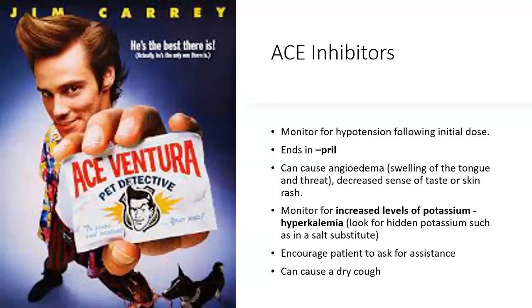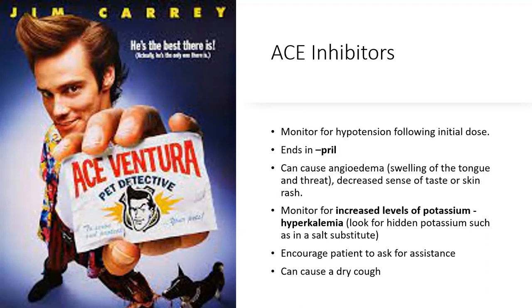So our ACE inhibitors. You want to monitor patients following the initial dose, mostly because right after they take it, you just want to make sure that they're not having hypotension. These end in pril. So anytime you see a medication that ends in pril, that is an ACE inhibitor. The way I always remember it is Ace Ventura was born in April and he has heart problems.